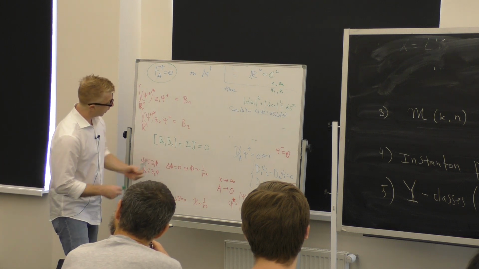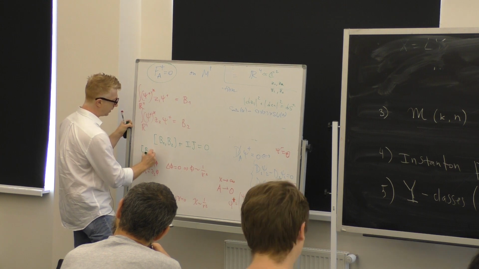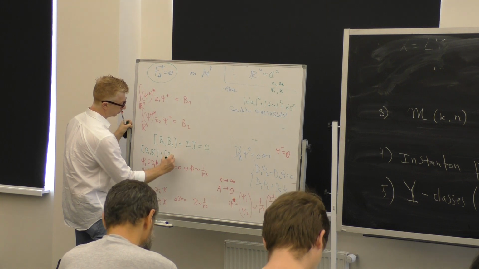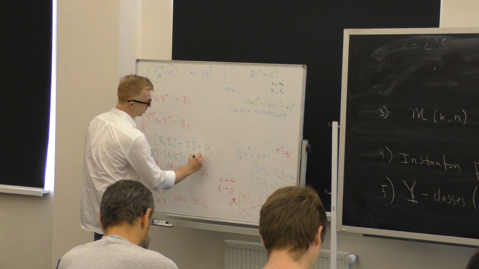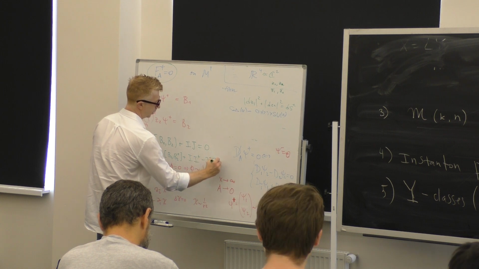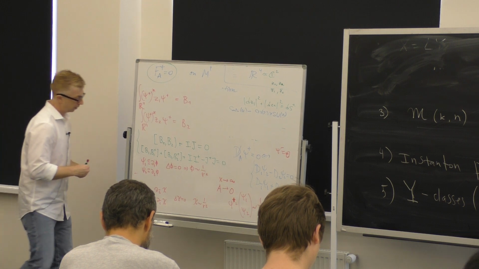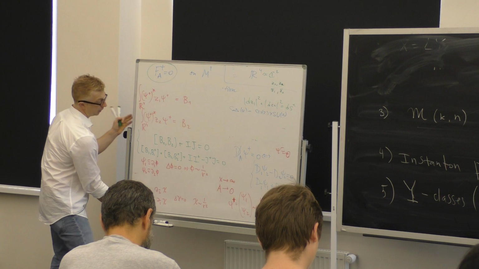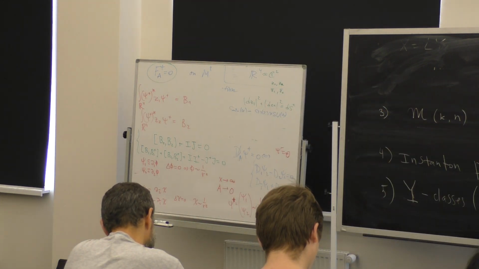Now, in addition to this equation, you can also compute the commutators of the B's with B daggers. And you discover this relation. So these are the celebrated ADHM equations written in terms of the data of a specific quiver.